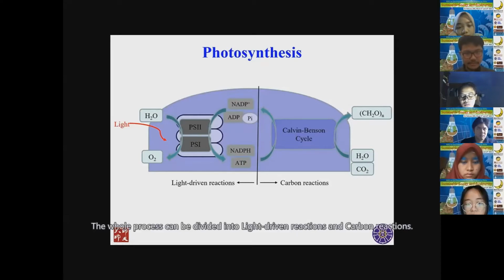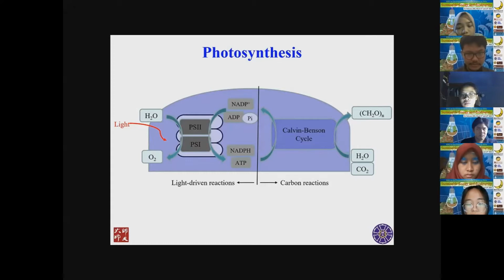The whole process can be divided into light-driven reactions and carbon reactions. Light-driven reactions turn water into oxygen and produce NADPH and ATP as the energy source of carbon reactions, while carbon reactions turn carbon dioxide into sugar.